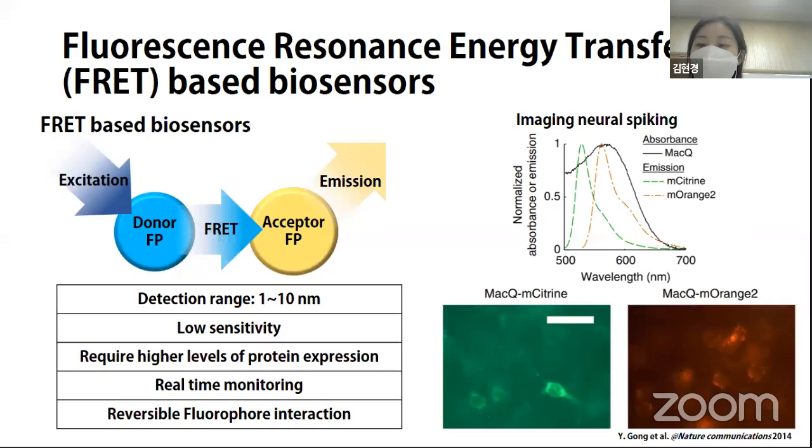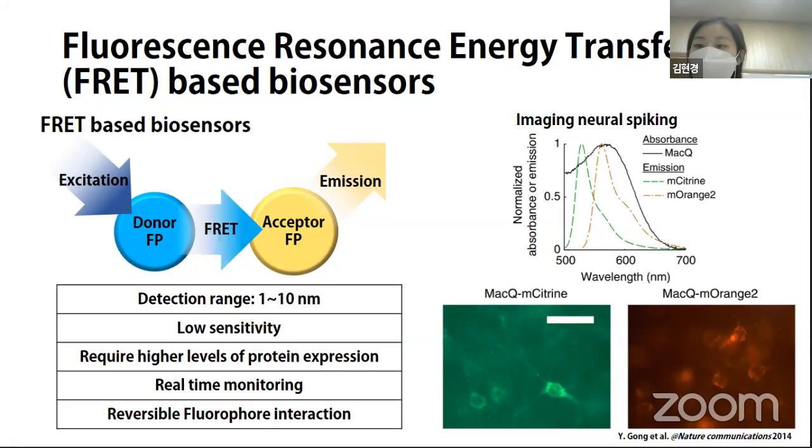However, FRET-based biosensors offer real-time monitoring and reversible fluorophore interaction. Thanks to these advantages, using FRET, rapid kinetics such as neuronal spikes can be monitored.